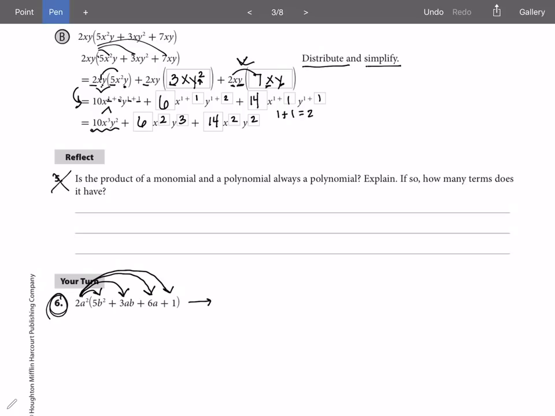If I do it that way, I'm starting here, so I have 2a squared times 5b squared, so I have 10a squared b squared, plus 2 times 3 is 6a cubed b, and then 2a squared times 6a, so plus 12a cubed, and 2a times 1, so 2a.